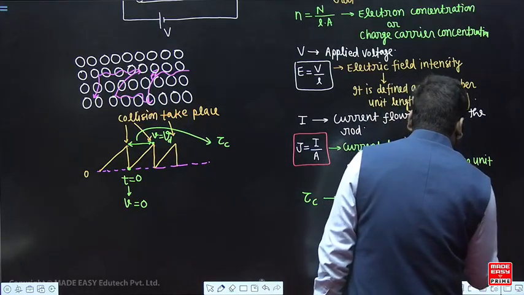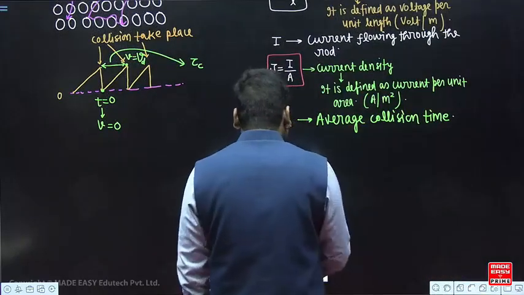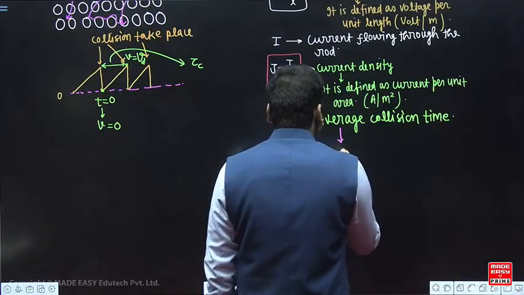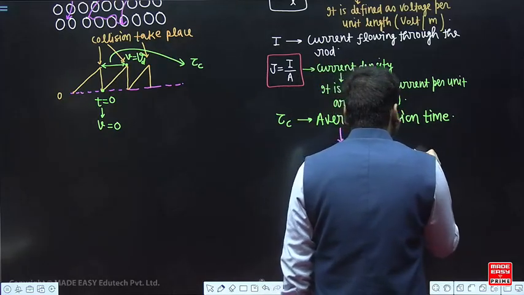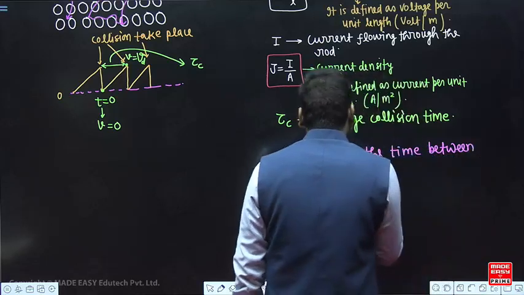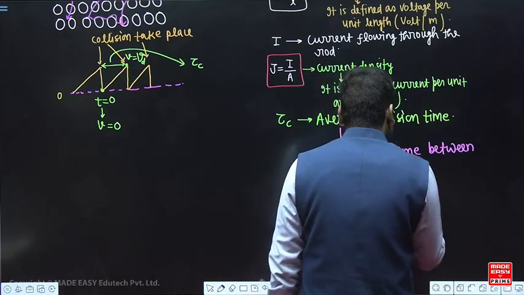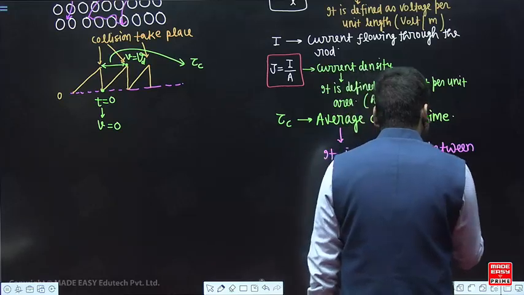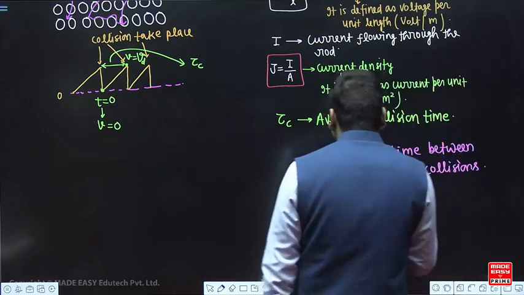Average collision time. It is the time between two successive collisions.